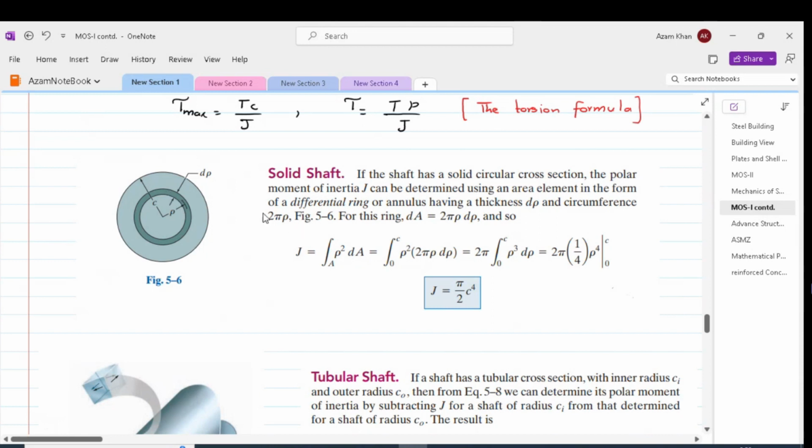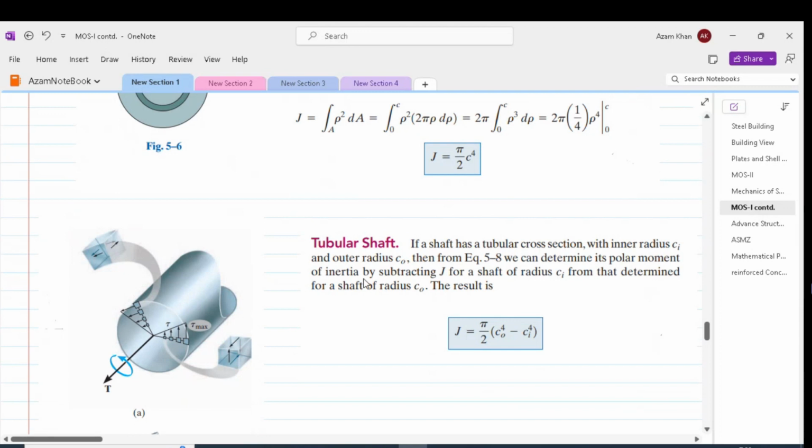This can be unwrapped, and the area of this differential ring can be found as the circumference 2 pi rho times d rho. If we unwrap this differential ring, we will get a rectangle having one side equal to 2 pi rho and the thickness equal to d rho. Plugging the values into our polar moment of inertia equation, we get the polar moment of inertia equal to pi radius to the power 4 by 2.